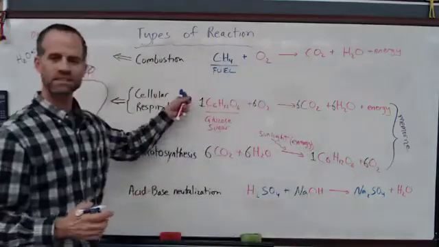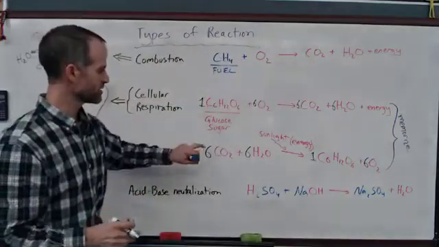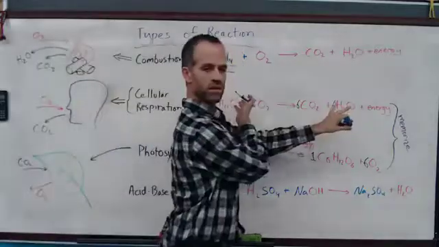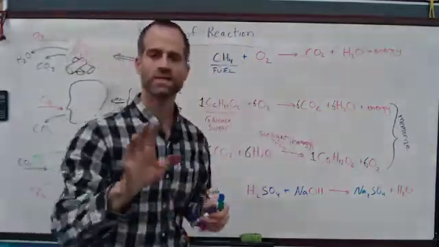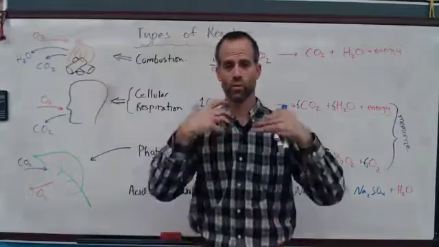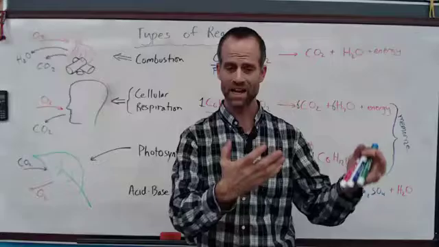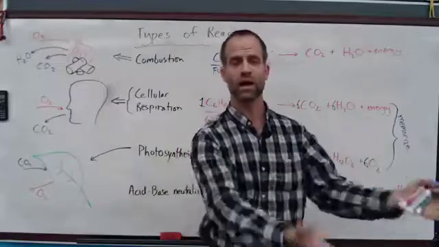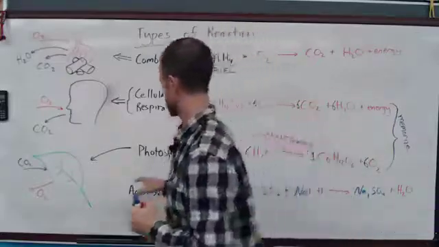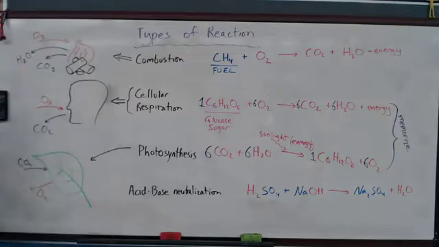Okay, this is the exact same formula. This is just flipped. And it makes sense if you think about it. We animals breathe in oxygen, release CO2. Plants breathe in the CO2 and provide us with oxygen. So we have plants, right?